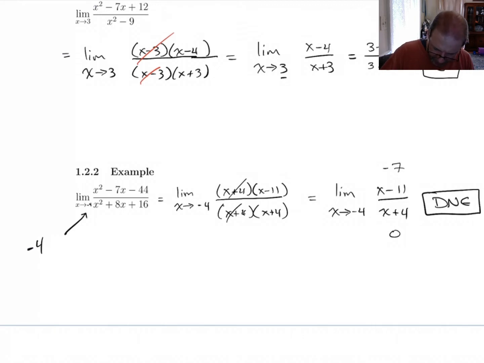Well, we have to look at the two-sided limit. Honestly, I'm just going to look at the graph. That's the easiest way to see this. So let me pull up Desmos right quick.